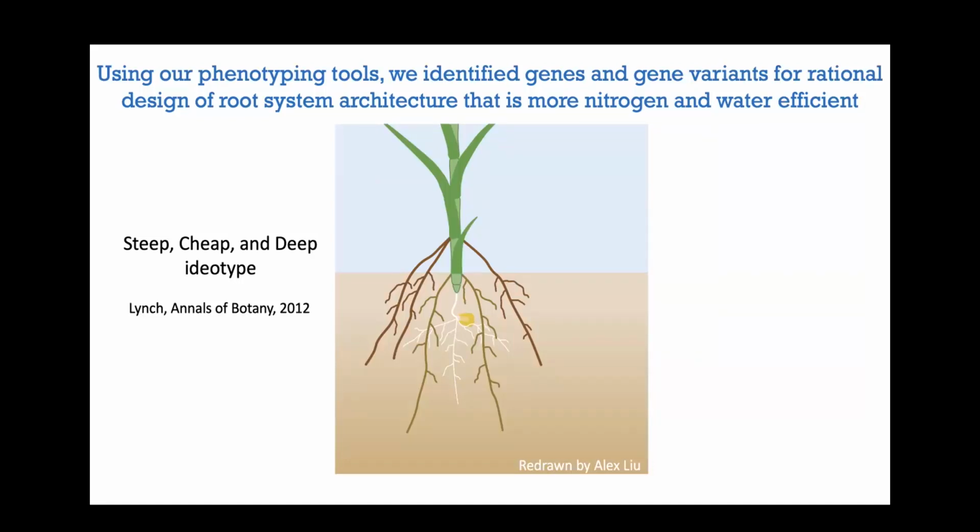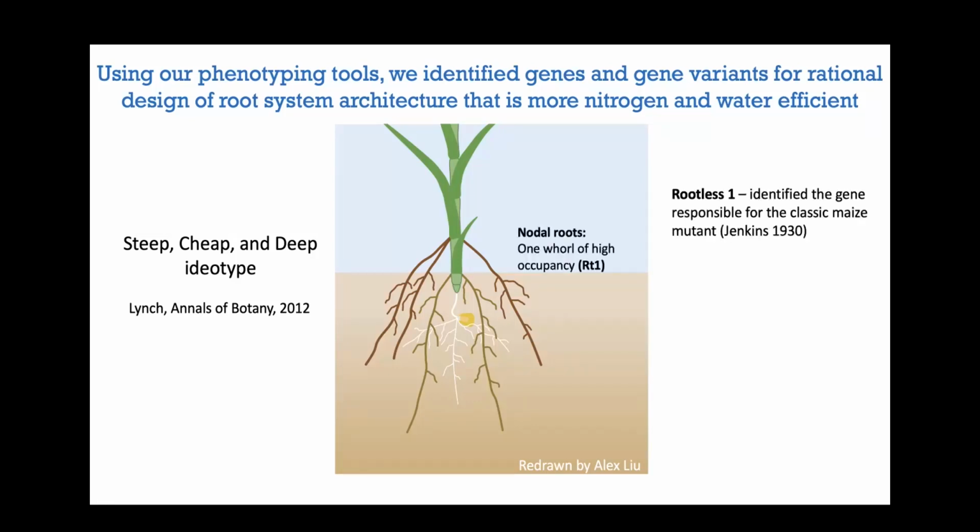So there's this well-known example, steep, cheap, and deep, from Jonathan Lynch, who's like the godfather of root system architecture, basically. And he's proposed a lot of ideas, and some of them are empirically validated, but many of them have really yet to be tested, especially across a lot of systems and environments. So this idea of steep, cheap, and deep, there's aspects of it.